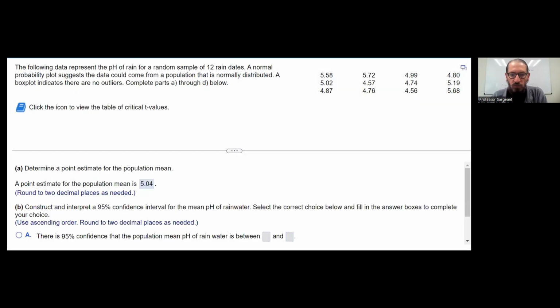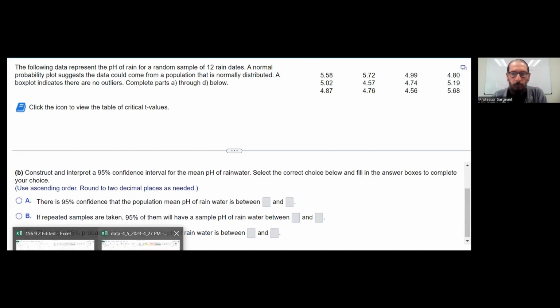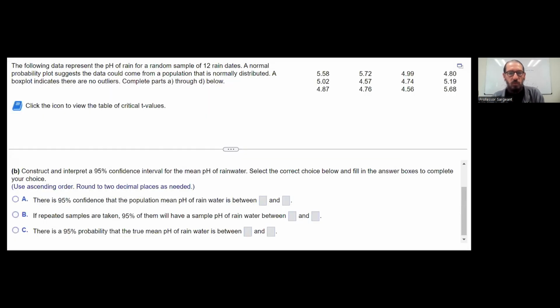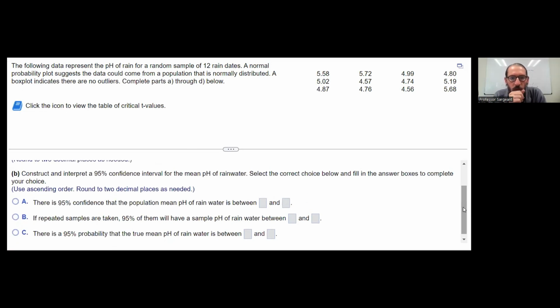And then the standard deviation was 0.4150, et cetera. Let's see if they want that rounded or not. 0.41507. Okay, they're not asking for it yet.